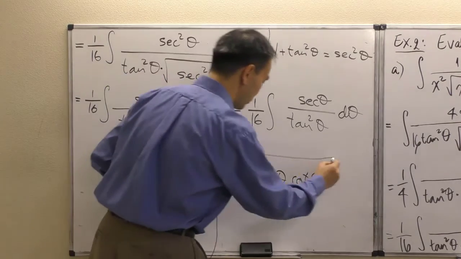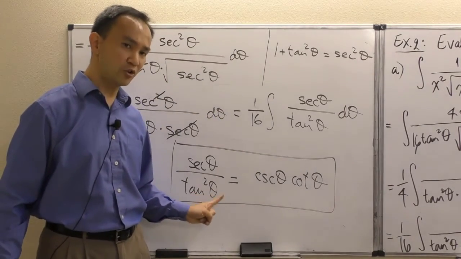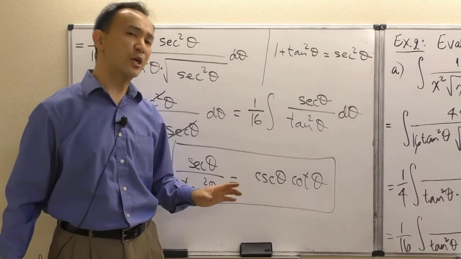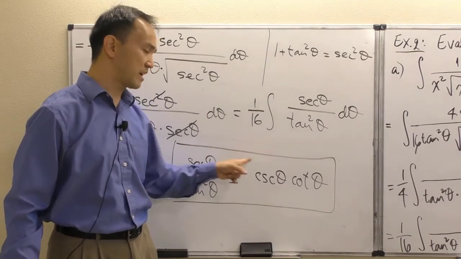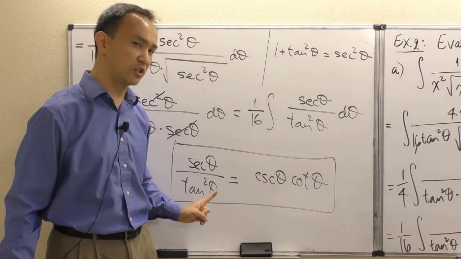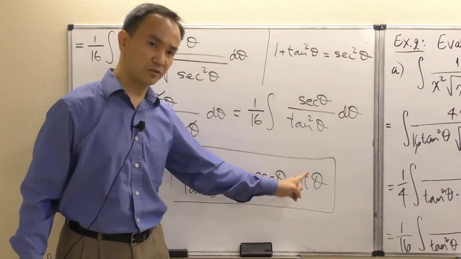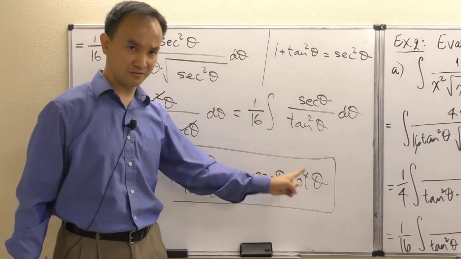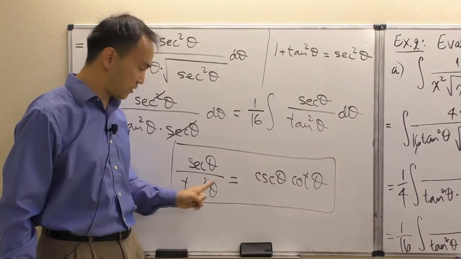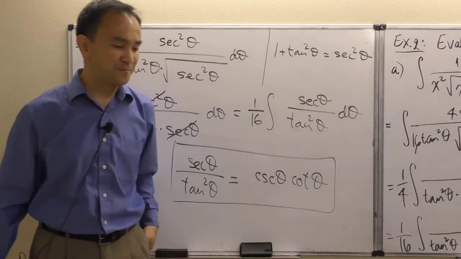I want my students and viewers to write this down and do your own proof, because at this point, taking a calculus class, you should be able to derive this. Verify on your own the validity of this identity: secant of theta over tangent square of theta equals cosecant theta times cotangent theta.